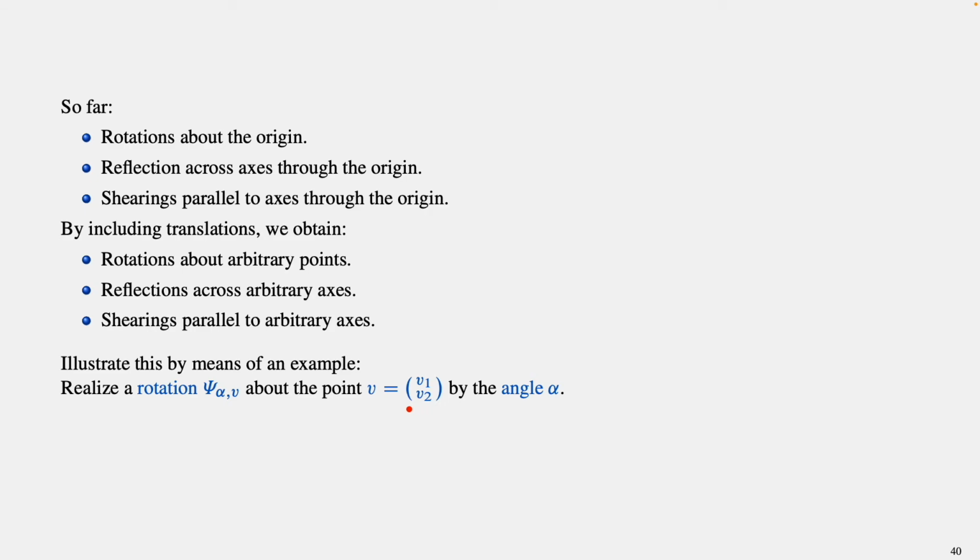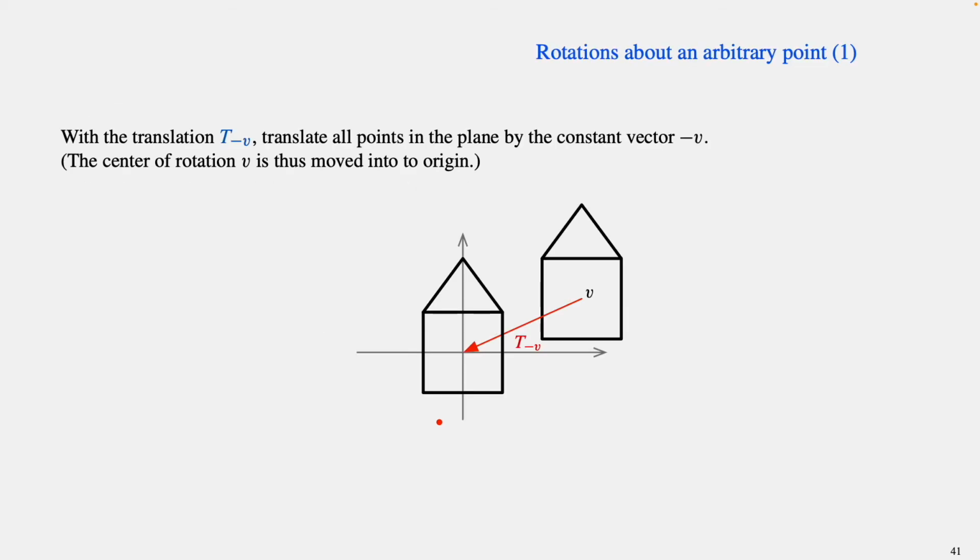And again, we will use the principle of transforming this problem to an easy coordinate system and then transforming back to the original one after we've performed the rotation. How do we do that? So again, I use this image of a house to illustrate the effect of the transformation. We know how to rotate about the origin.